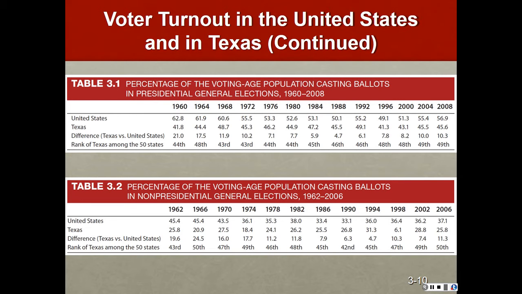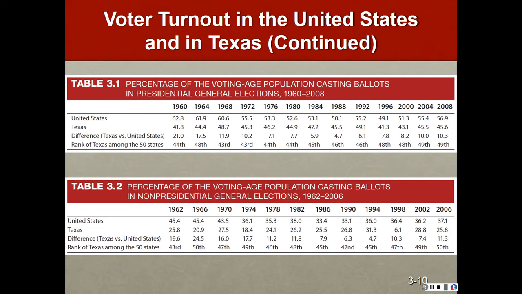In Texas, now 1998 is a typo when they did the slide. That should be 26.1. But still, in Texas, we are consistently voting in the 20 percentile. We have an exception. 1974, we're 18.4%. 1994, we're 31%.